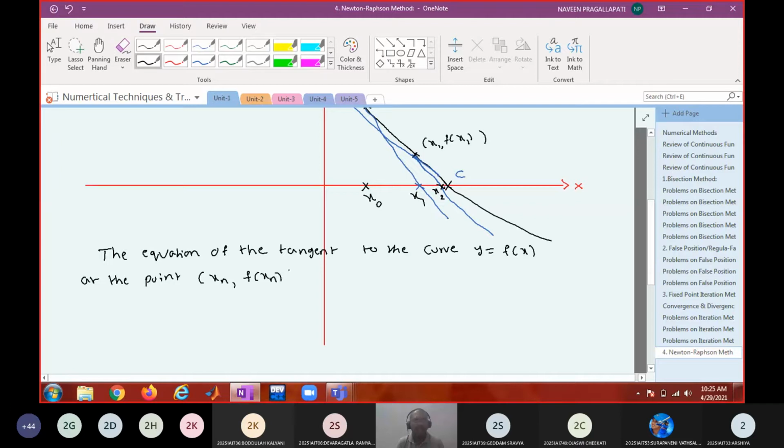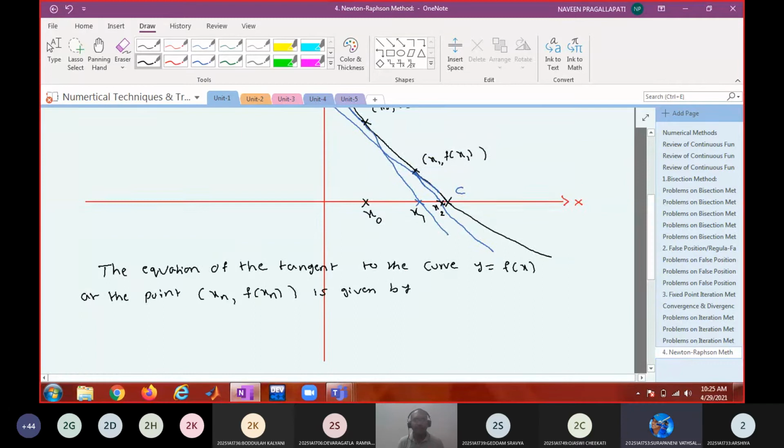I'm considering a general point. It is given by, can you tell me the formula? What is the point slope formula? y minus f of xn is equal to m into x minus xn.